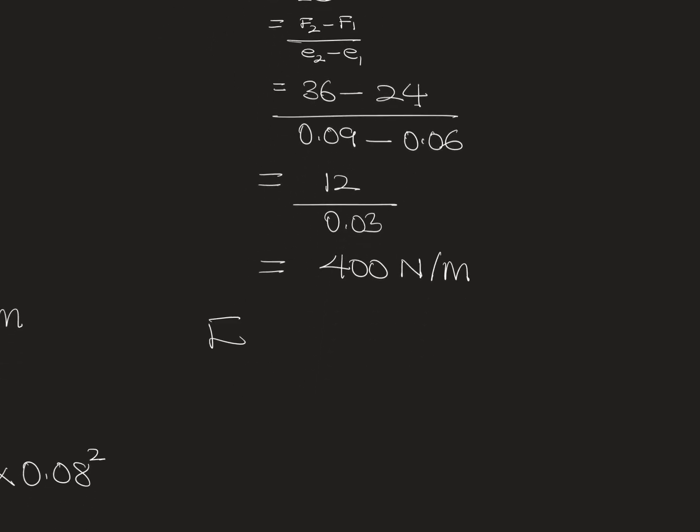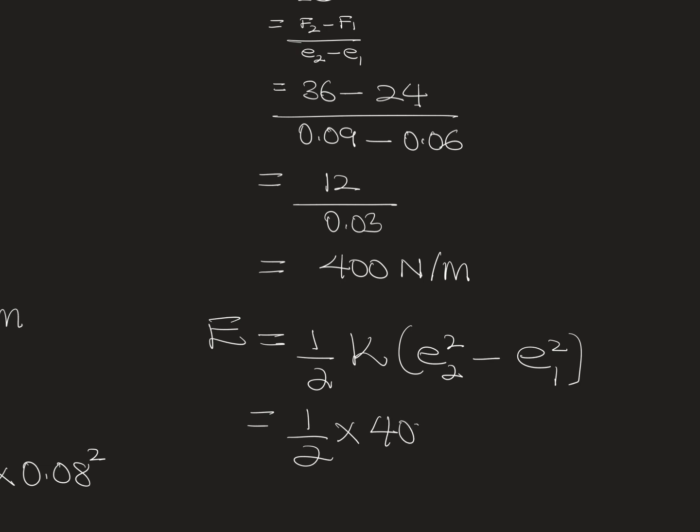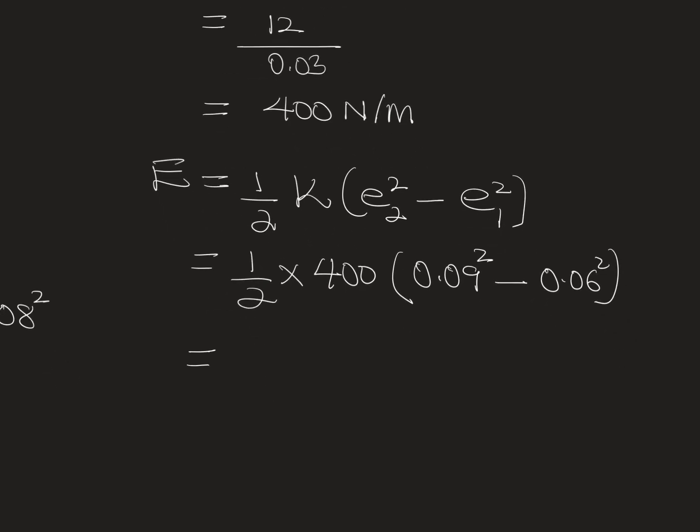Again, going back to the formula, E is equal to half K, E2 squared minus E1 squared. That will be half. K is 400 into E2 is 0.09 squared minus 0.06 squared. So when we do that, we'll have half multiplied by 400 multiplied by 0.09 squared is 8.1 times 10 to the power negative 3 minus 0.06 squared is 3.6 times 10 to the power negative 3.